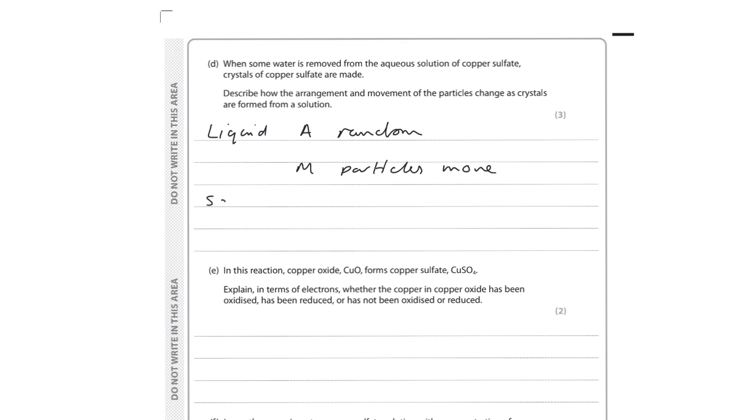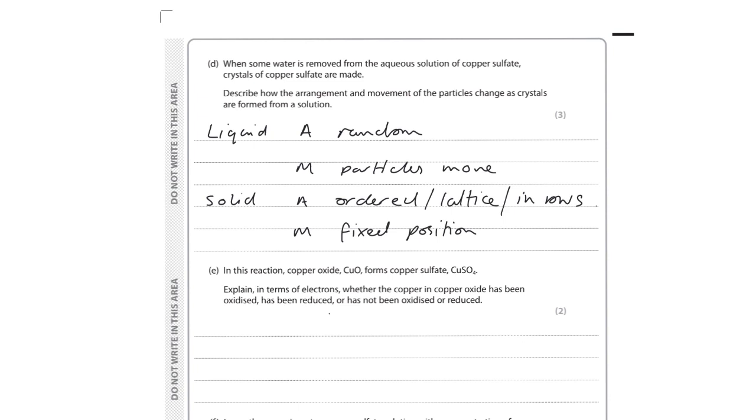Now, in a solid, the arrangement is in neat rows, would be a way of getting the marks. You could say that they're in a lattice or that they're ordered. So I'll put ordered, lattice, in rows, any of that. So they're in neat rows, and their movement is they're in a fixed position.